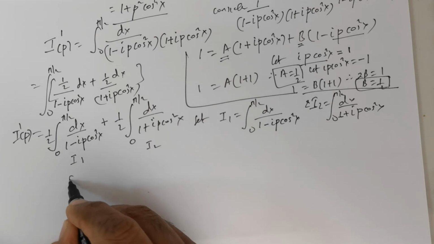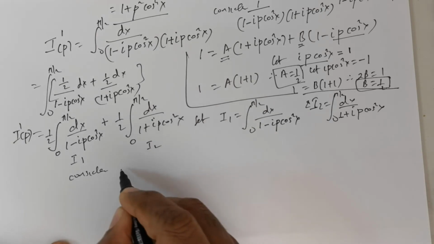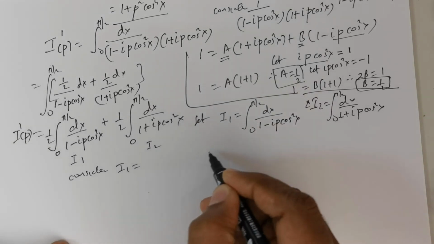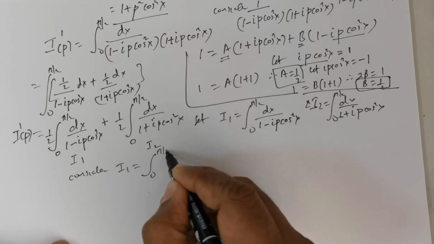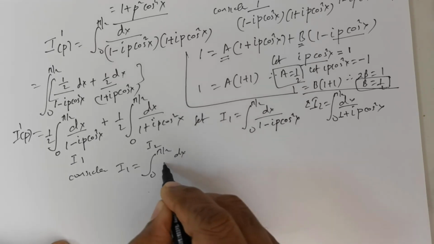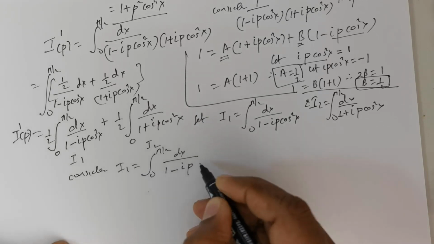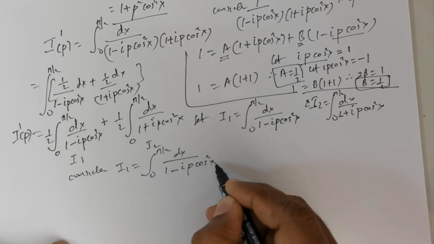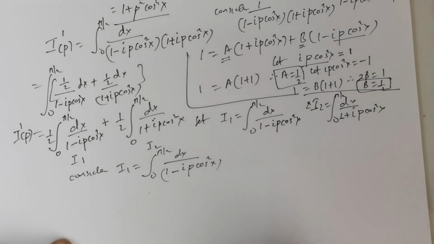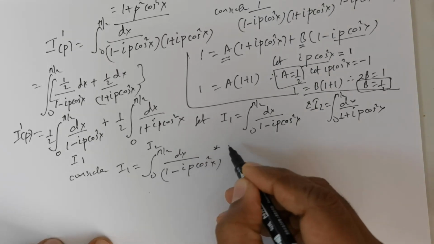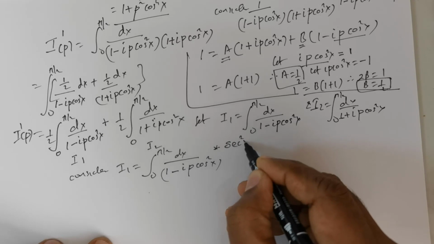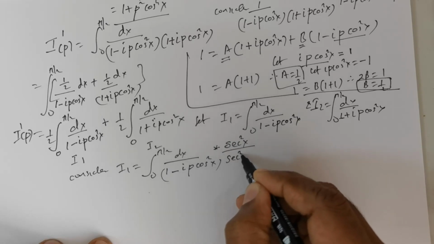So first what I would do is I would just consider I1 to be equal to the integral from 0 to pi over 2 of dx divided by 1 minus i times p times cos squared x. So I'm going to consider this. Now what I would do is multiply the numerator by secant squared x and divide it by secant squared x.